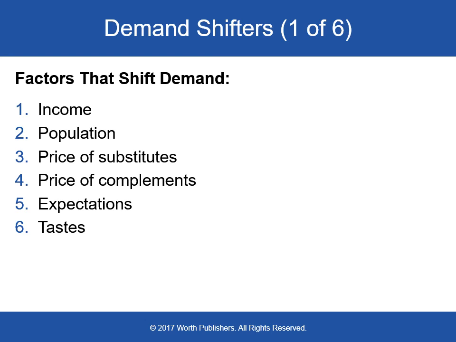In other words, if you quote me a market price, after the increase in income, people are richer, so they're going to demand a relatively high quantity. Another thing that can shift the demand curve to the right is population. If you have more people, everything else equal, quote me a market price, there's a lot more demand for the product just because there are more people.